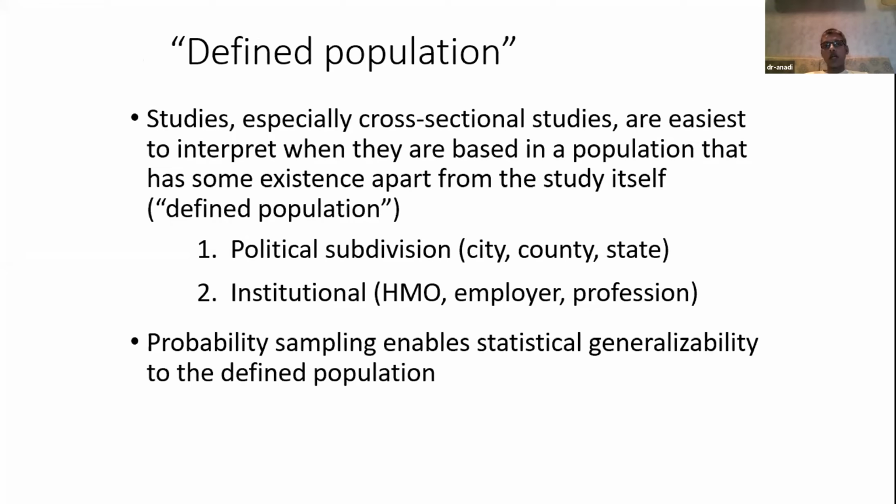So what is a defined population? Studies, especially cross-sectional studies, are easiest to interpret when they are based on a population that has some existence apart from the study itself. That is a defined population, such as a political subdivision or institution.